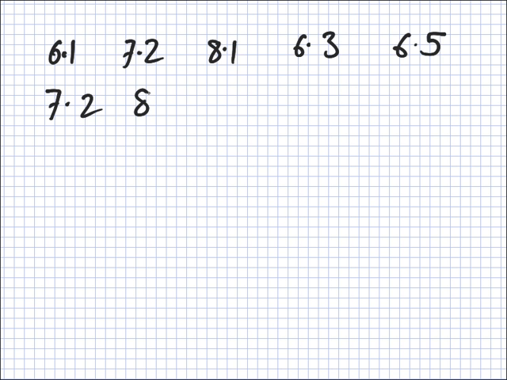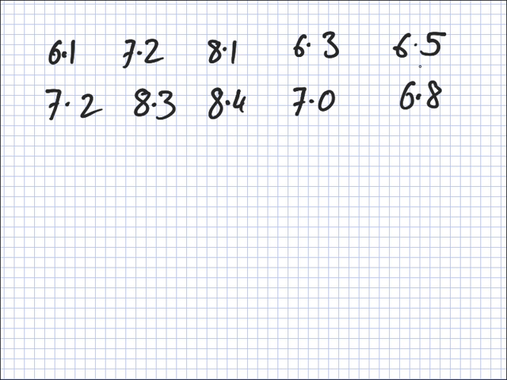Now, we reach a complication if our data is not discrete. So, maybe you were collecting pH or something. Yeah, so maybe you'd have something like 6.1, 7.2, 8.1, 6.3, 6.5, 7.2, 8.3, 8.4, 7.0, 6.8.